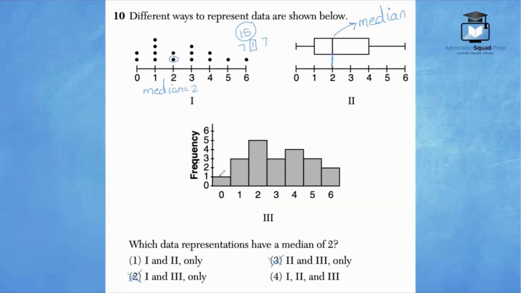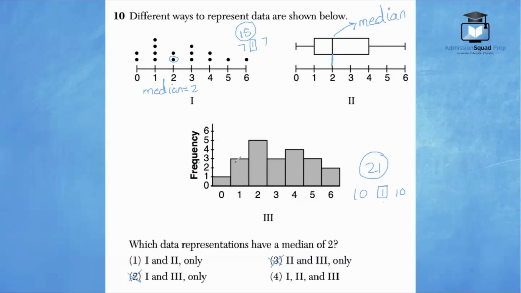For the histogram, we have 1, 2, 3, 4, 5, 6, 7, 8, 9, 10, 11, 12, 13, 14, 15, 16, 17, 18, 19, 20, 21 data points. So we're going to have 10 and 10, and the data point right in the middle, which is the 11th data point, is going to be the median. So let's count.